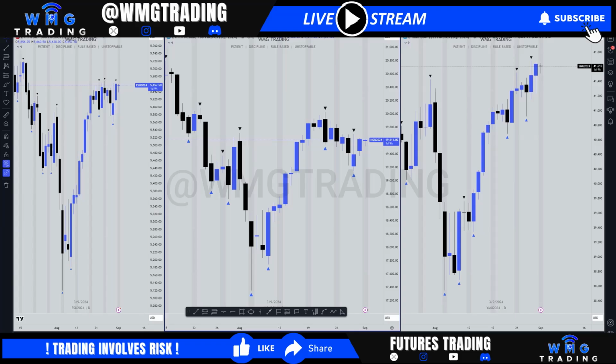Order blocks, fair value gaps, running on liquidity, shifting market structure back to a fair value gap, right? All these different things are at play underneath the retail logic when it is correct. It's all in alignment when those things play out. It's a fascinating study, and it remains true every time.